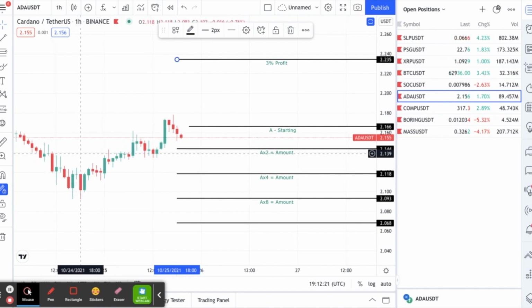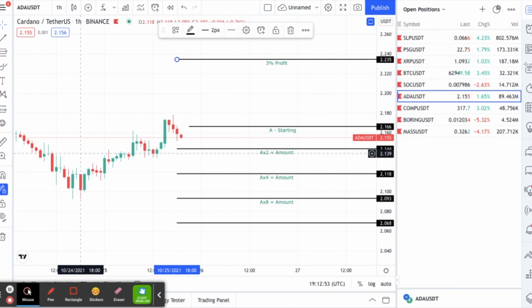But long story short, what the Martingale does is it basically doubles your investment purchase each time you have a hit. With this ADA USDT bot that I am currently running, the price scale parameter is set to 0.025 USDT.